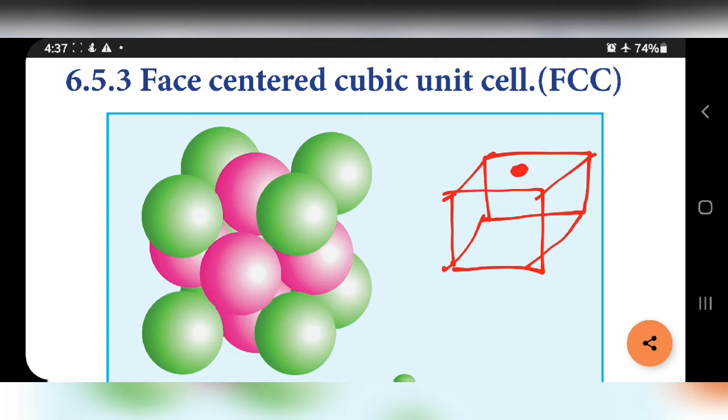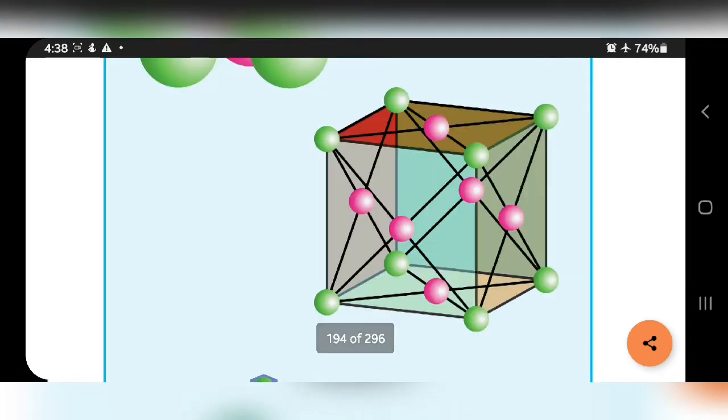Inside, like this. Here also, like this. In this square, an atom present at the center of the face. Totally how many faces are there? 6 faces are there. That is explained in this diagram.